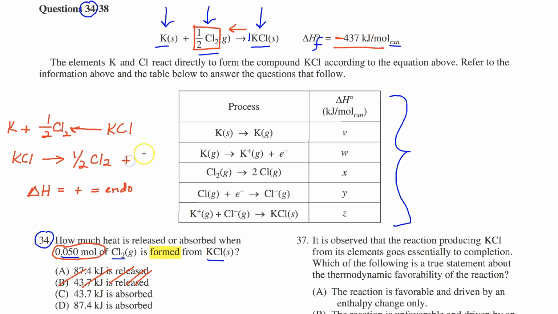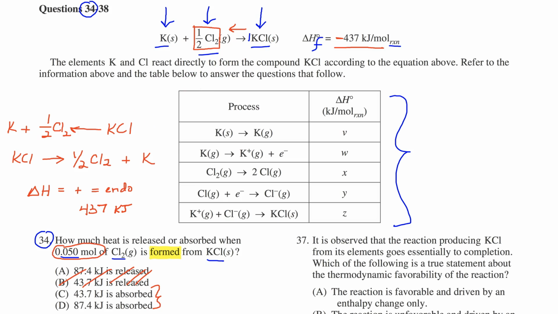So the question is the value. We're going to have to do our math without a calculator again, but we can handle this. What do we know? We know that delta H is positive 437 kilojoules per reaction.